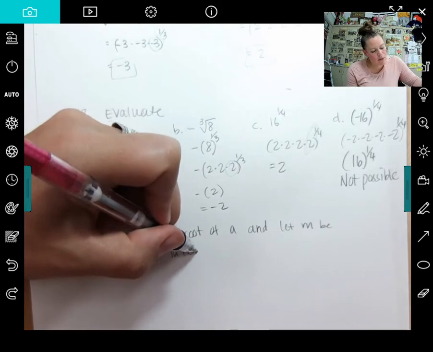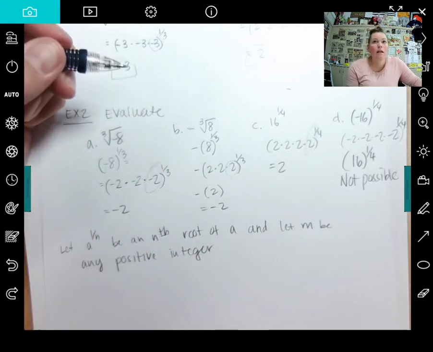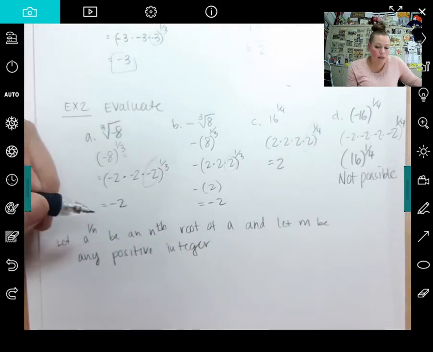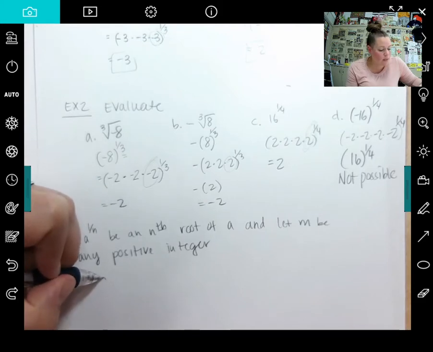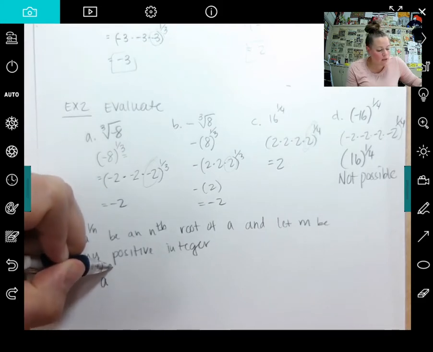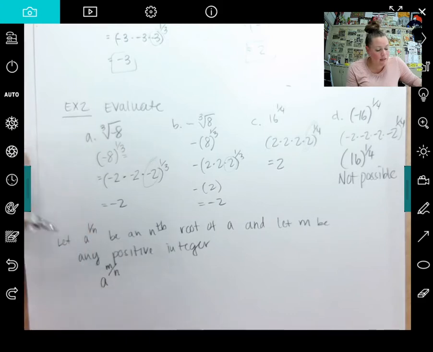So an integer is a whole number, right? So then that would mean that we have this thing where we could write A to the M over n.